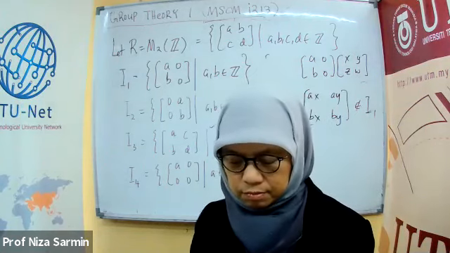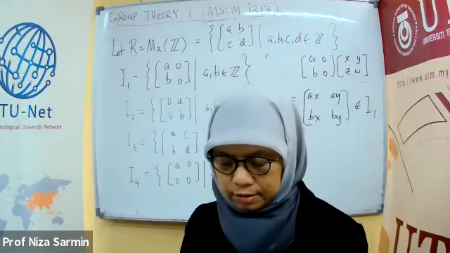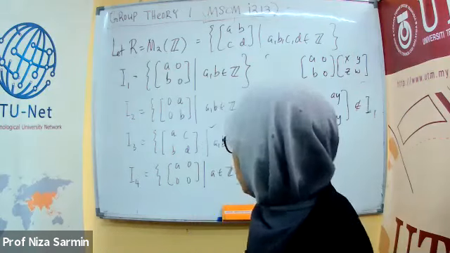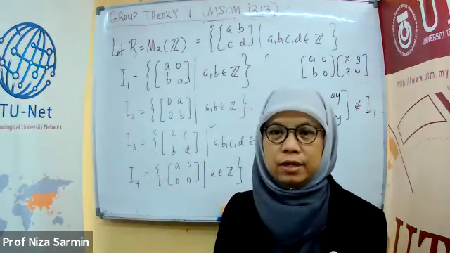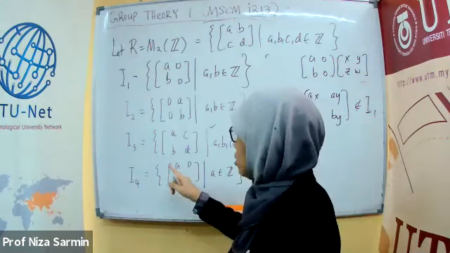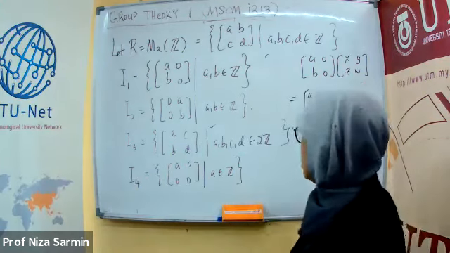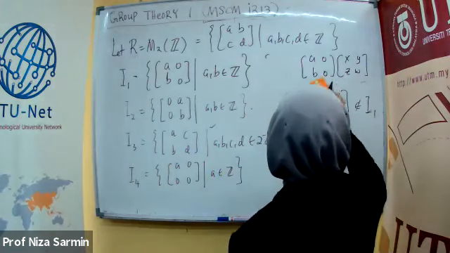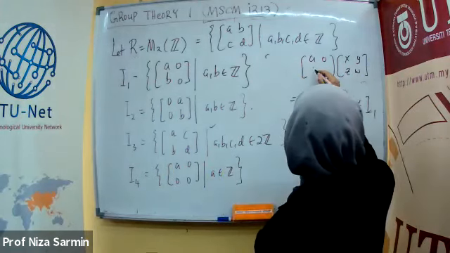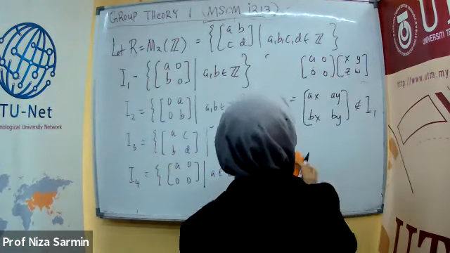I4 is not an ideal. Again, you multiply left and right and see it's not like this. So try with [A 0; 0 0]. What happens?